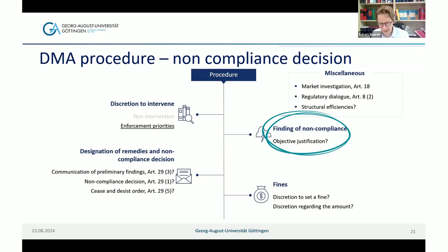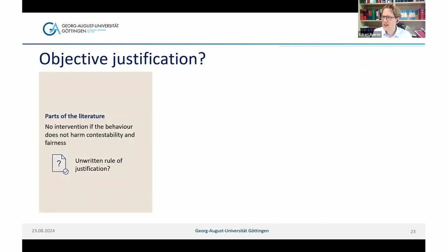So finding of non-compliance. This again goes to the beginnings of the DMA, because parts of literature have argued that we have a per se prohibition. This has been a frequently voiced criticism during the legislative process in particular, that the obligations laid out in Articles 5 to 7 are not empirically justified, at least partly, and they do not necessarily target anti-competitive behavior. Thus, the argument goes, the DMA harms innovation, and therefore it was argued that the DMA would violate the principle of proportionality.